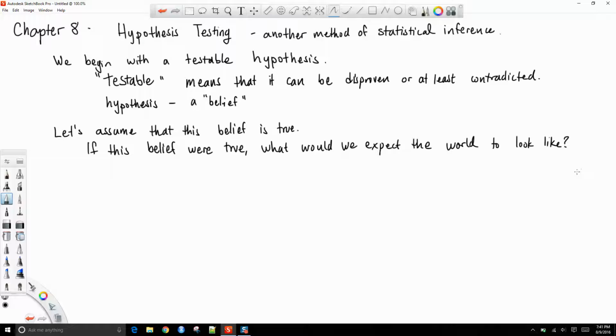And so this, what we expect the world to look like, we can say is kind of our expectation, okay?